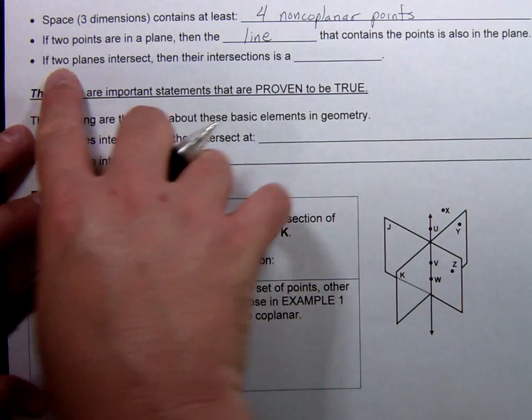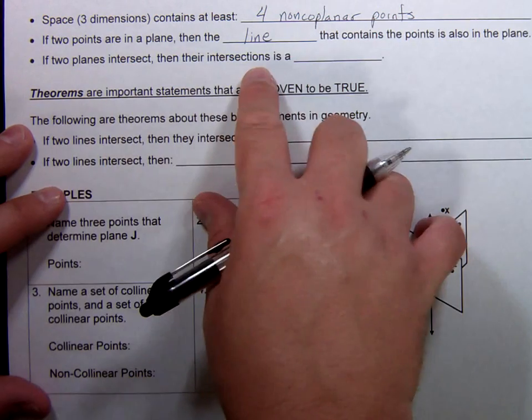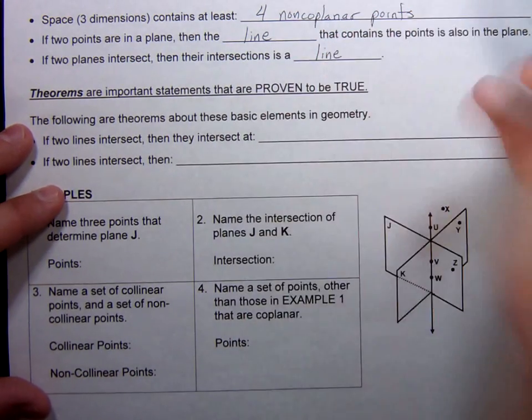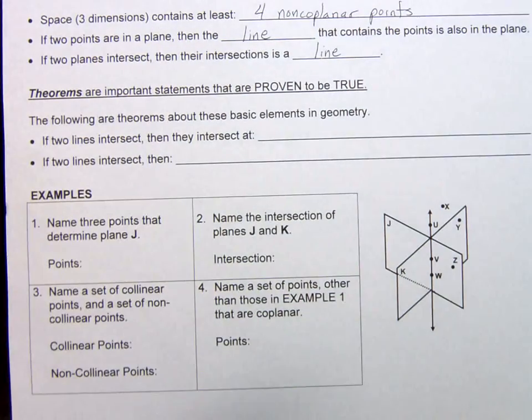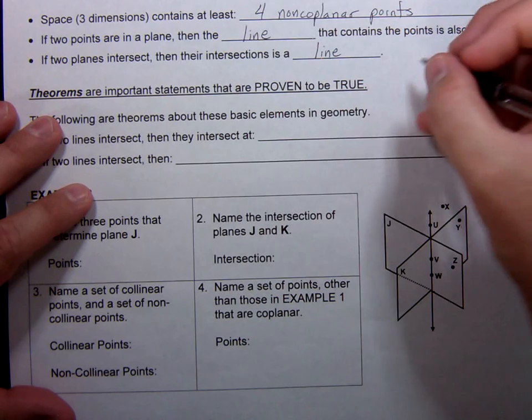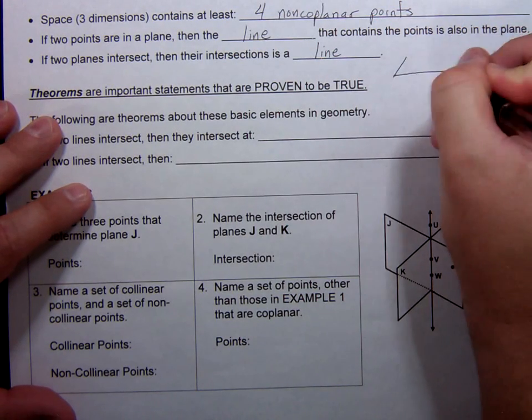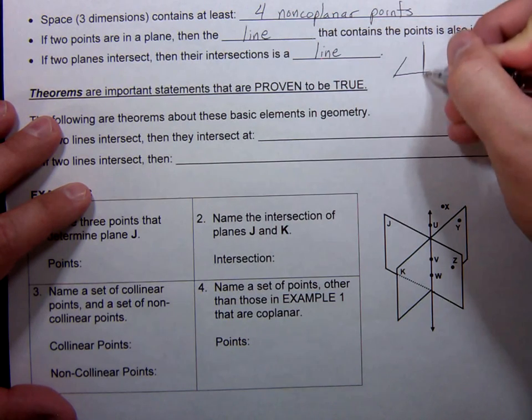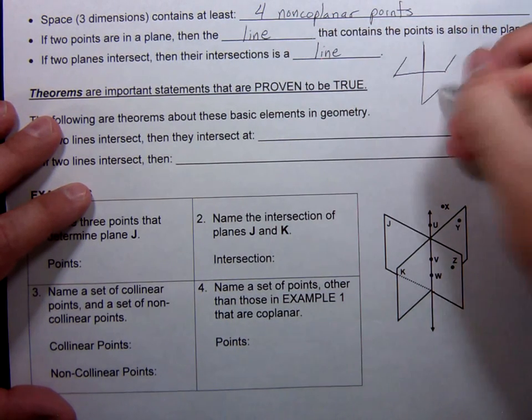If 2 planes intersect, then their intersection is a line. Again, here is a visual that I will give you in class. I'll try to draw a picture here for you, but it won't work nearly as well as giving you the visual in class.